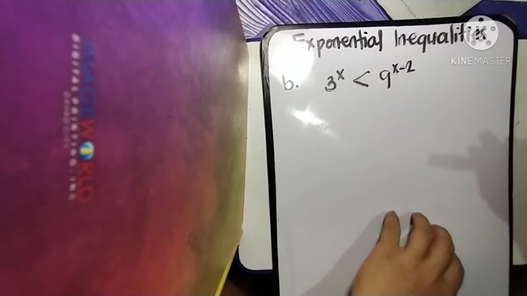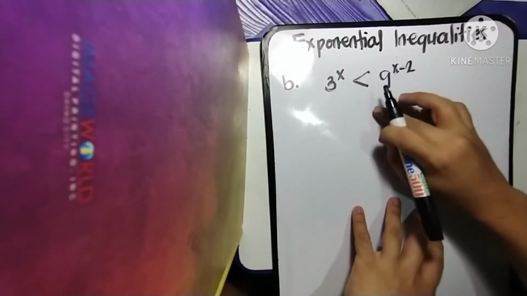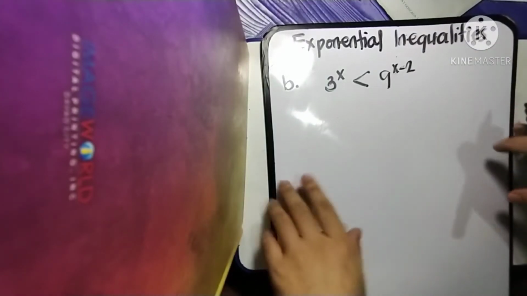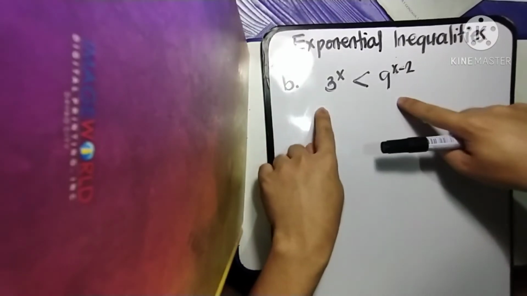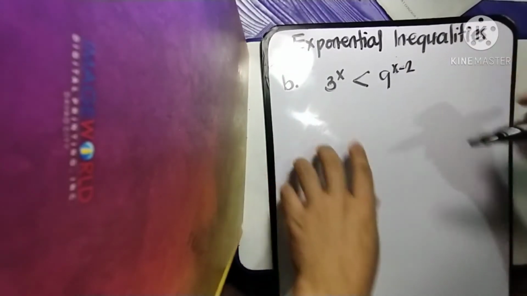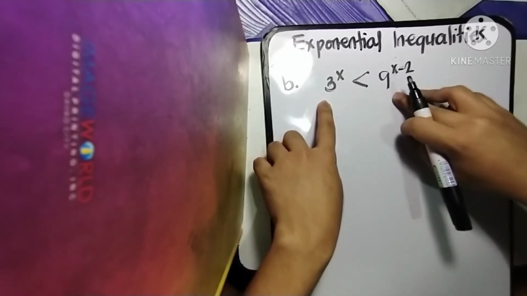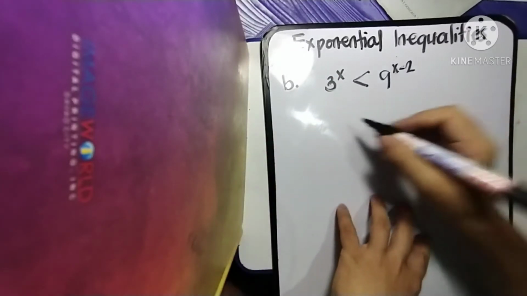Okay. Next example, we have 3 to the power of x is less than 9 to the power of x minus 3. So, the first thing we need to do is express both bases as equal. So, let's see, which is smaller, 3 or 9? Obviously, 3 is the smallest. So, 3 will be our base.